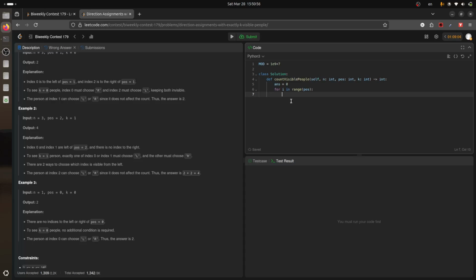Okay, and then j is k minus i, j is k minus i, and then we will have min of pos, k plus 1, I think, yeah. So to the left, i people with L, and to the right, j people with R.